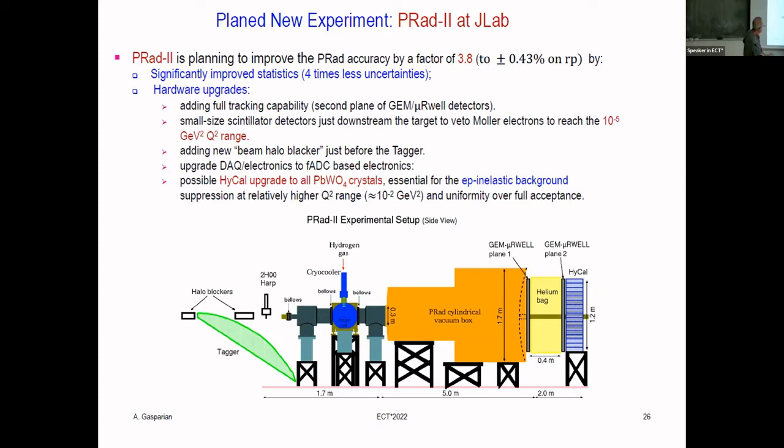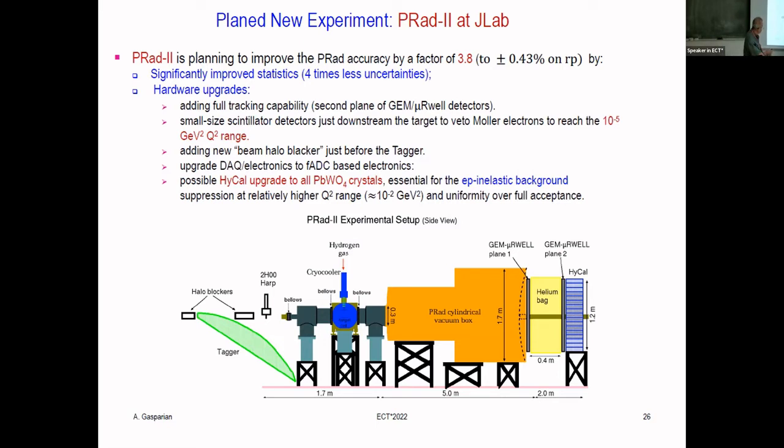In this case we have one more addition. We want to try to reach 10 to the minus 5 Q-square. Our first experiment was 10 to the minus 4. I didn't have time to mention that in this new experiment we are planning to get 10 to the minus 5, and that's another bigger point for this type of data. I agree that is very challenging, but we have the capability to do it.